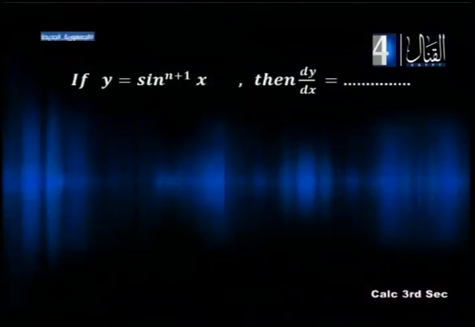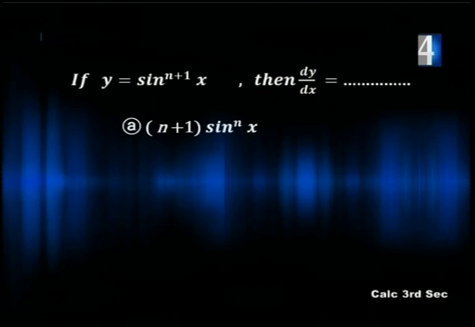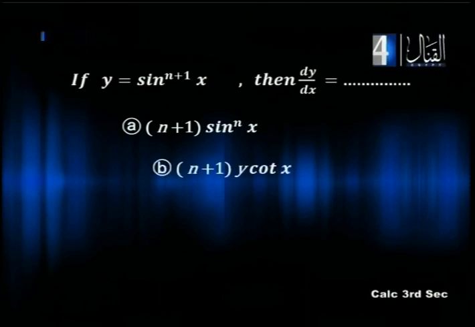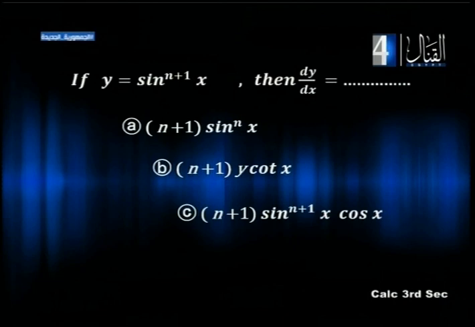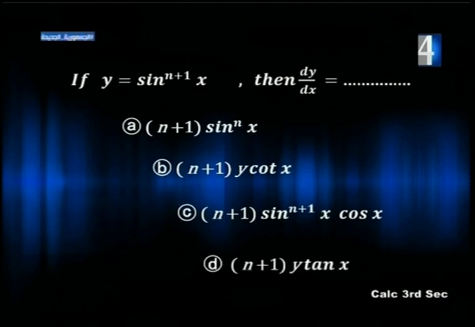If y equals sine x to the power n plus 1, then dy/dx equals n plus 1 between two brackets multiply sine x power n equals n plus 1 between two brackets multiply y multiply cotan x, n plus 1 between two brackets multiply sine x to the power n plus 1 multiply cosine x, or equal n plus 1 between two brackets multiply y multiply tan x.